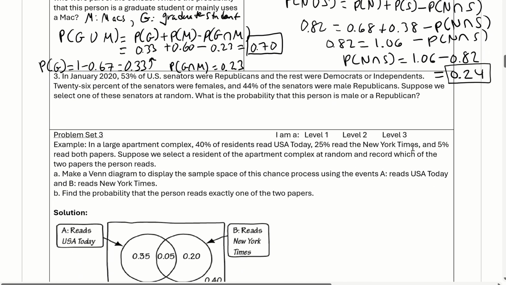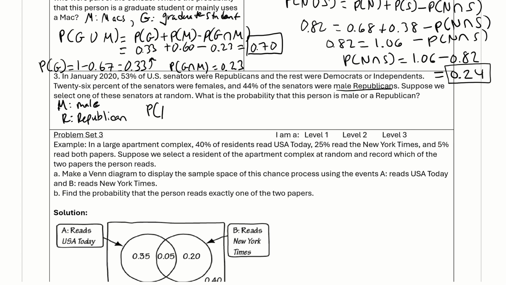All right, number 3. In January 2010, 53% of U.S. senators were Republicans and the rest were Democrats or independents. 26% of the senators were females. 44% of senators were male Republicans. So that's the intersect that they gave you. M is for male and R is for Republican.